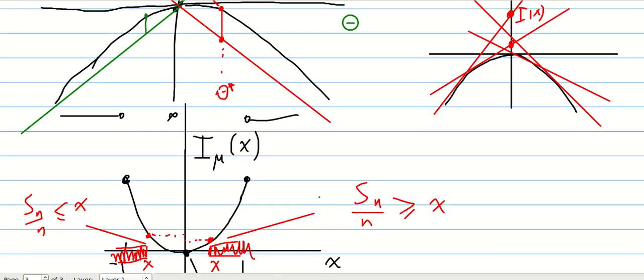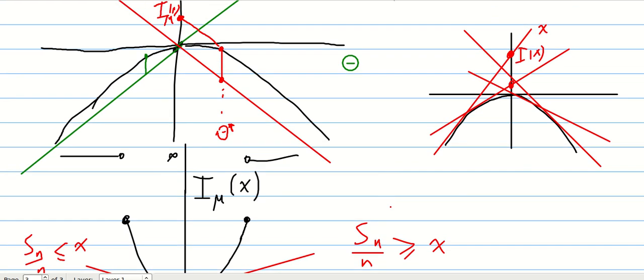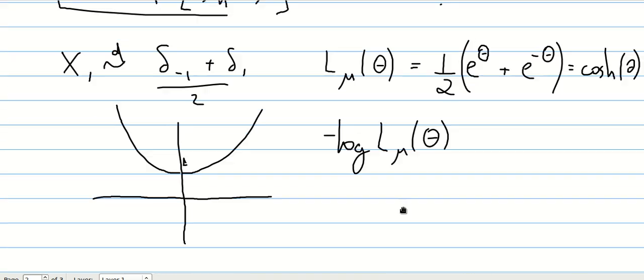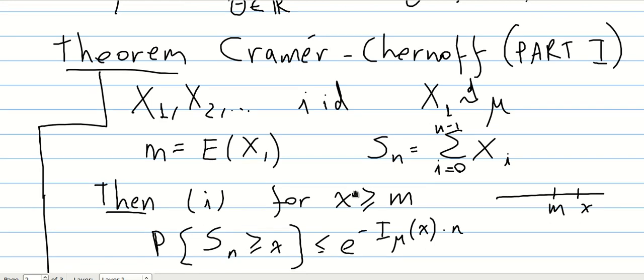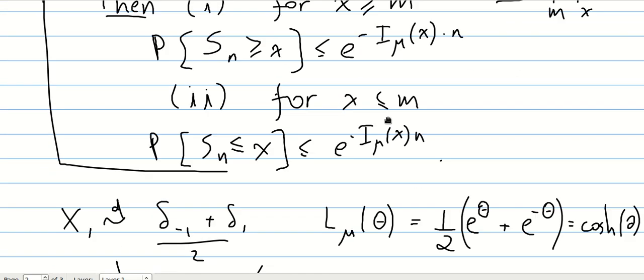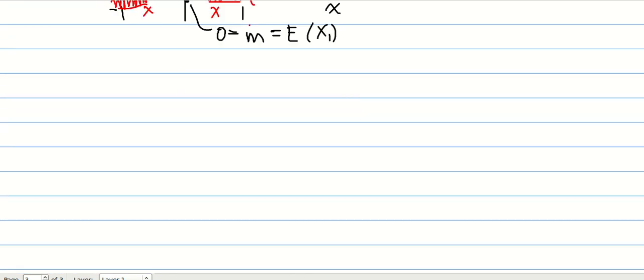So these are calculations that we're not doing here, but you can explicitly calculate the rate function. So you can get an explicit value for this exponential decay the theorem is stating. And now we're going to make some very simple observations, and the proof of the theorem is going to go through very easily.